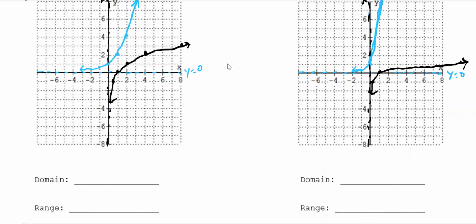Another thing you can do to check to make sure your work is right is to recognize that when you have inverse functions, their domains and ranges flip-flop. With our exponential functions, we knew that the domain is always all real numbers. So that means the range of our logarithms will be all real numbers.